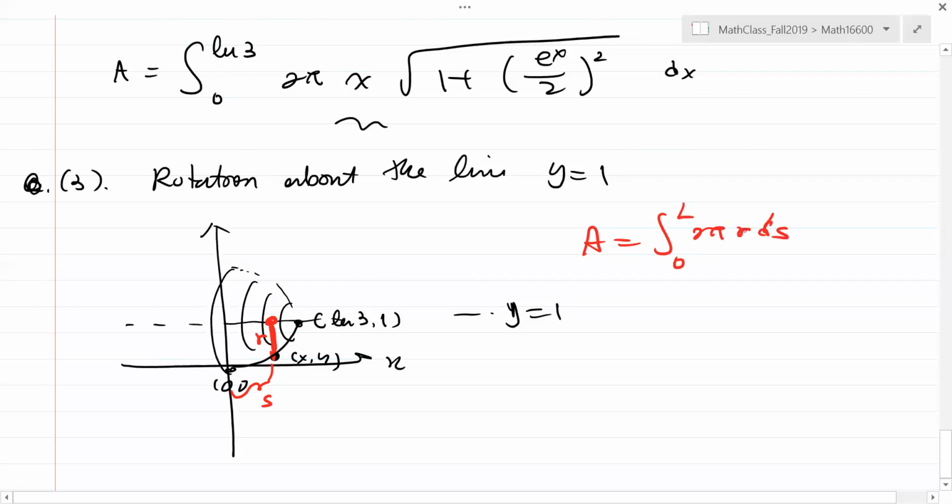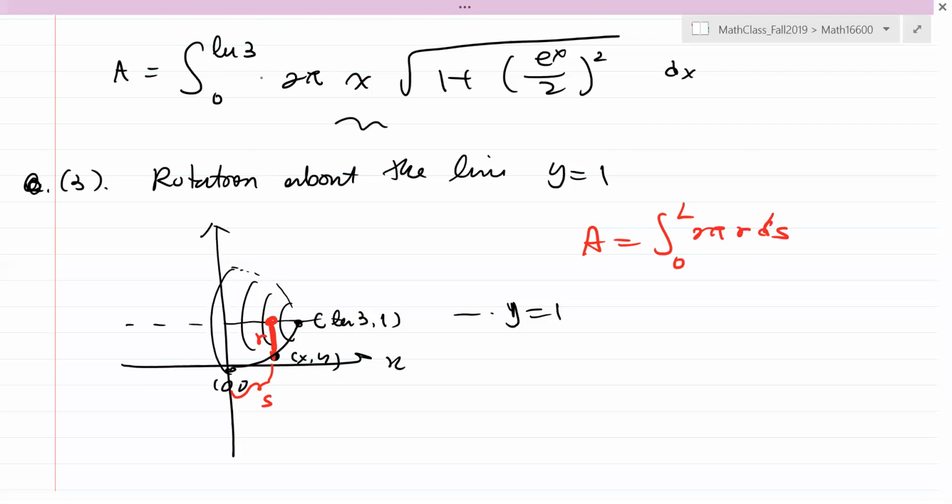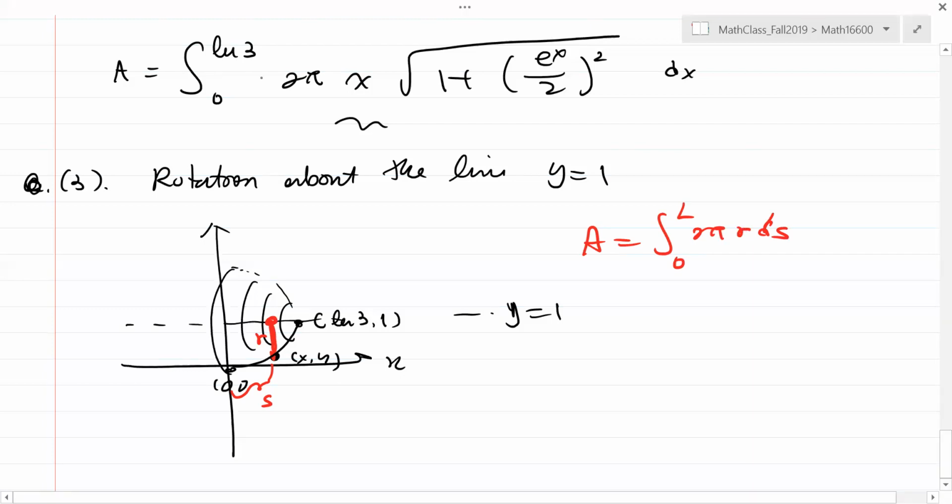It's always true, right? The question is, you have to decide which variable we're going to use. In this particular problem, you can use x, you can use y, it doesn't matter. If you use x, you change everything to x. If you use the y variable, you change everything to the y variable. Then you get the integral of some function of y.